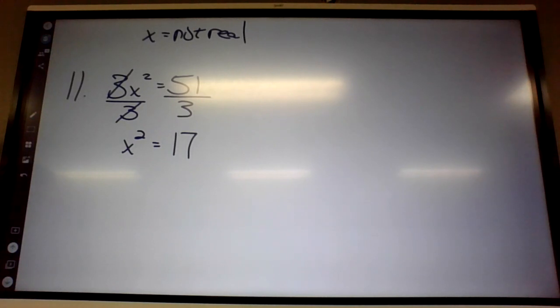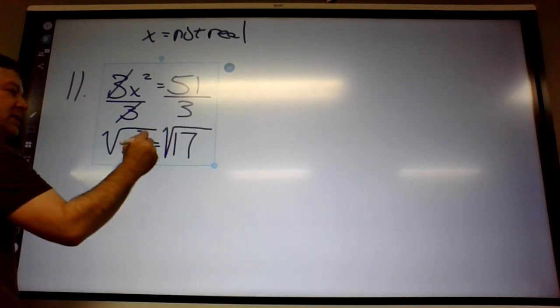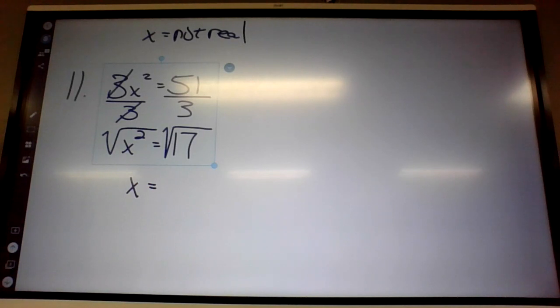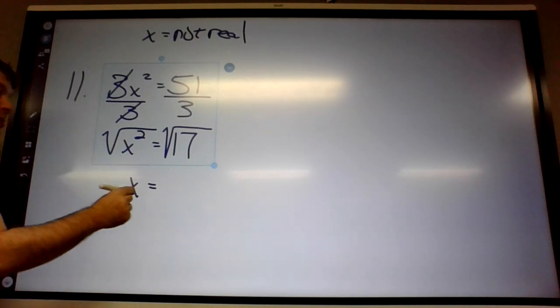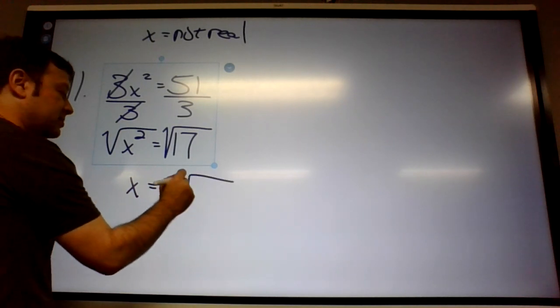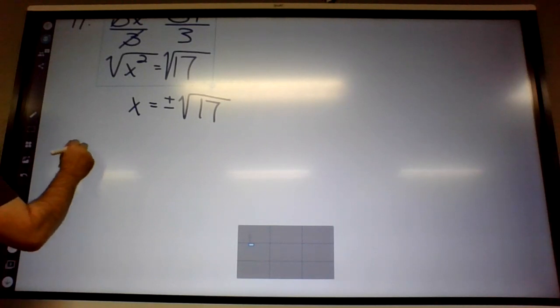Then what do we do to get rid of the square? Square root. Does the square root of 17 simplify? No, 17 is a prime number. There's nothing that goes into it besides 1 times 17. So it's just going to be plus or minus the square root of 17.